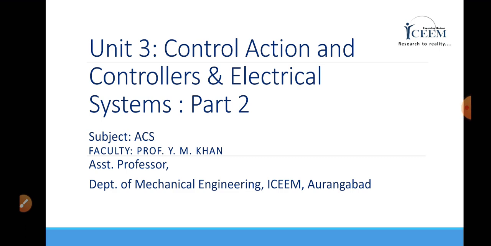Controllers, and electrical system. In the previous video, we studied the functioning of a controller, how a controller works in a control system, and the on-off type of controller, which is used for just turning on or turning off a system or a plant.